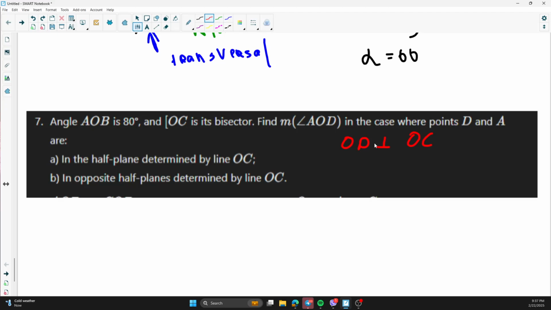I was thinking about drawing a line and then a line through it. In the half plane determined by line OC. Why don't we just draw OD and OC?